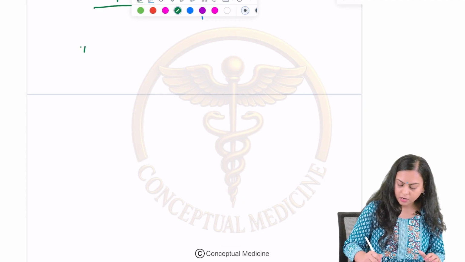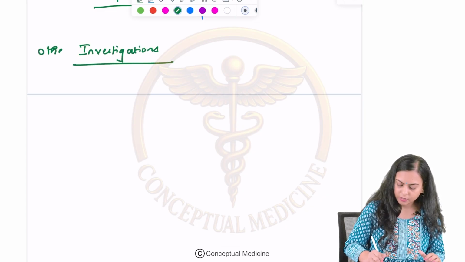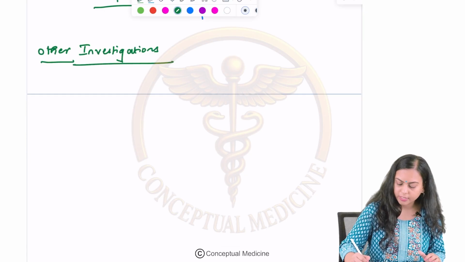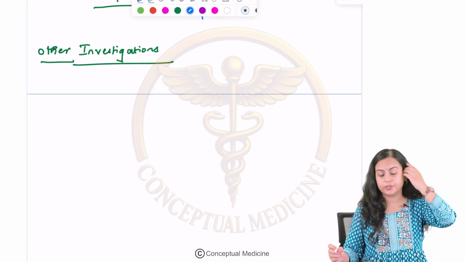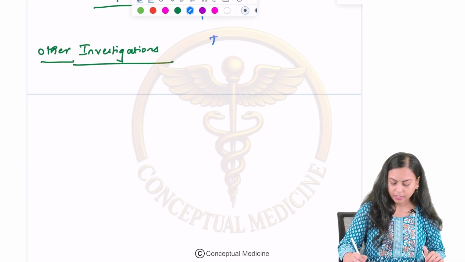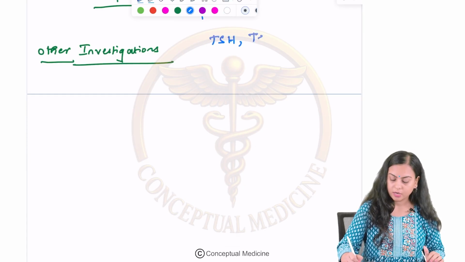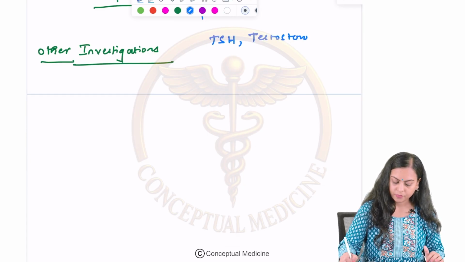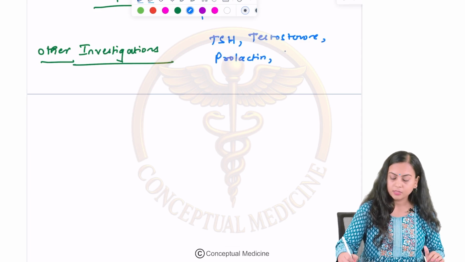Then don't ever forget to offer them other investigations, okay, that should check their endocrine function. Okay, that will include thyroid stimulating hormone, testosterone, prolactin, and gonadotropins.